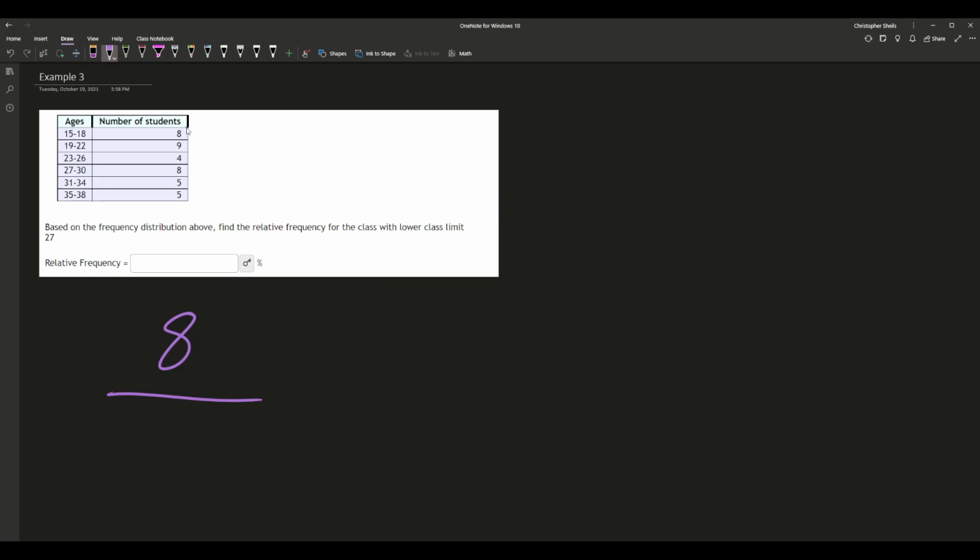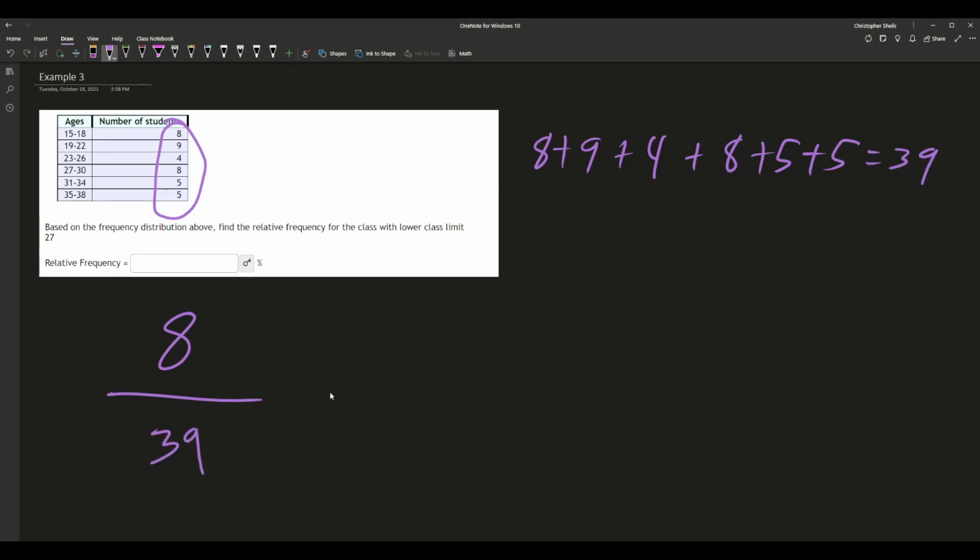And the total frequency here, or the total number of observations, or number of data points, is 8 plus 9 plus 4 plus 8 plus 5 plus 5. So here we have 17, 21, 29, 39. I get 8 over 39.